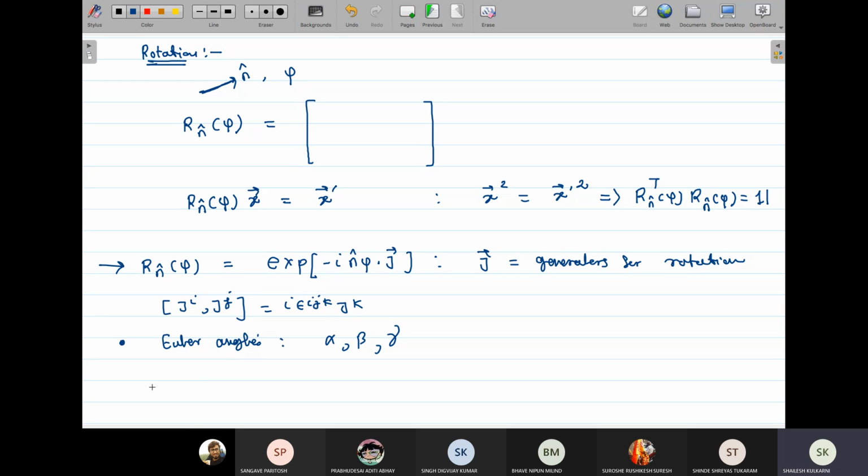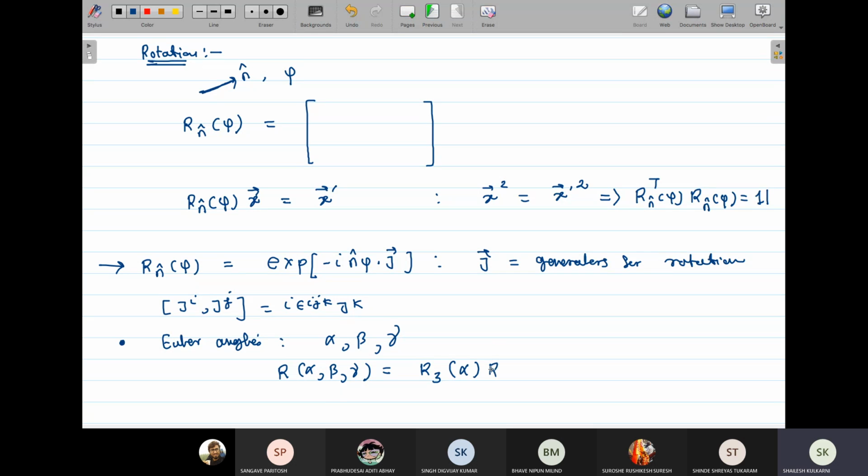There are 3 Euler angles, and you can write any rotation matrix in the following way. R of alpha, beta, gamma is equal to R3, that is rotation about the z axis by an angle alpha.